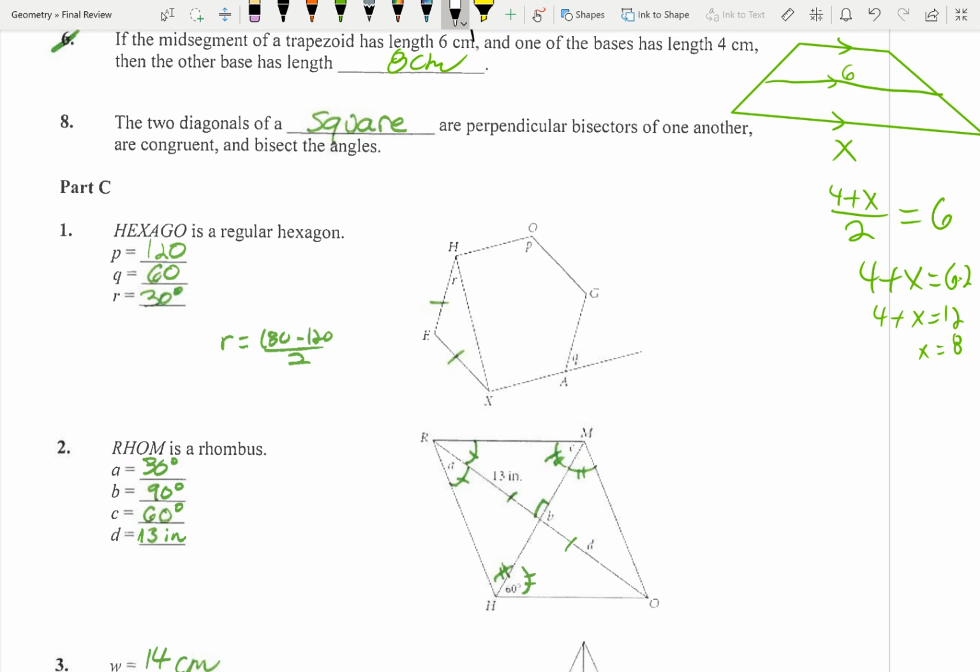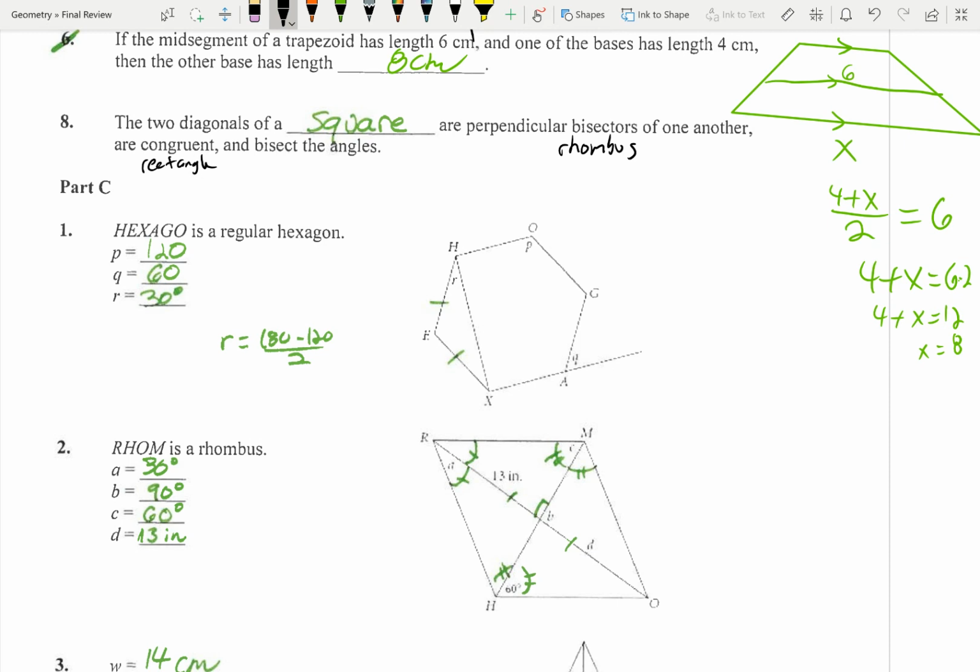Okay. Next is, 2 diagonals of a square are perpendicular bisectors of each other, are congruent, and bisect the angles, right? So these are properties. If they're perpendicular bisectors of each other, that's the property of a rhombus. And the fact they're congruent is the property of a rectangle.